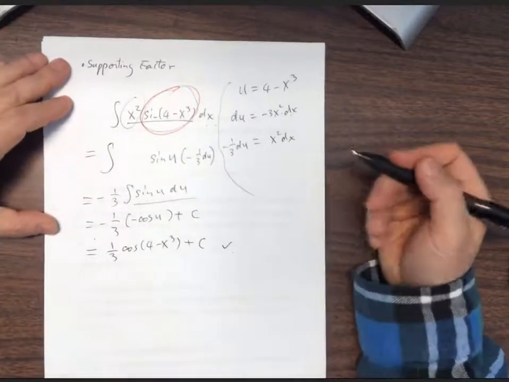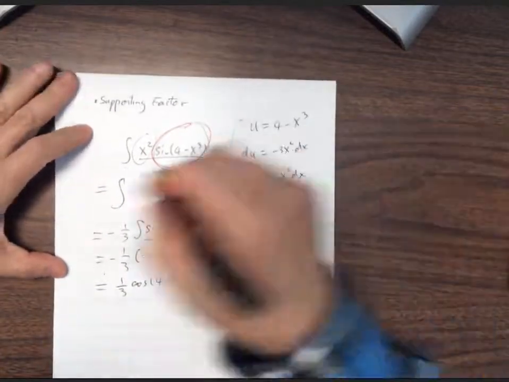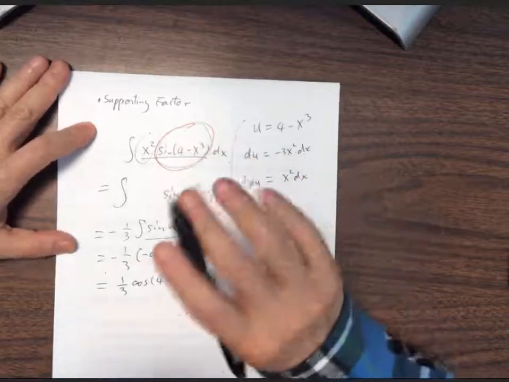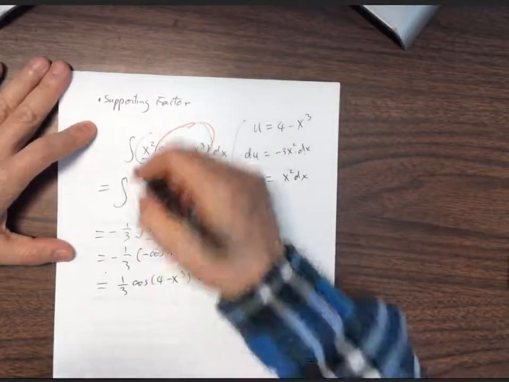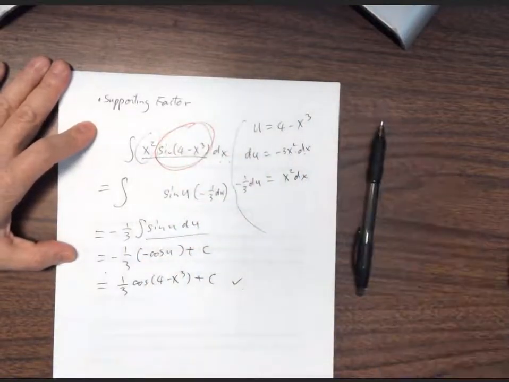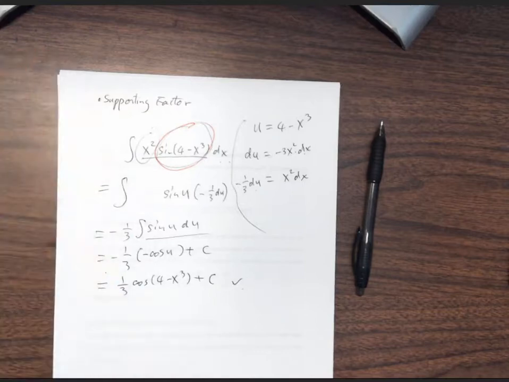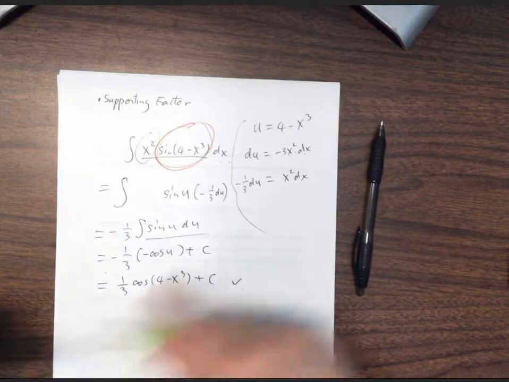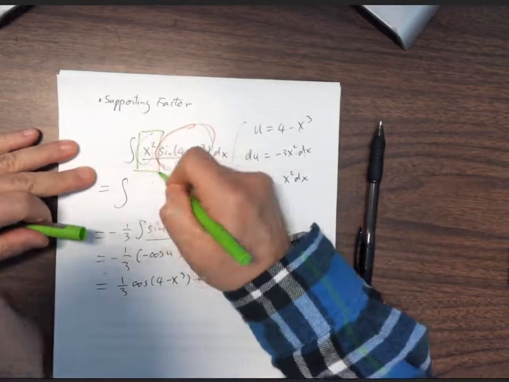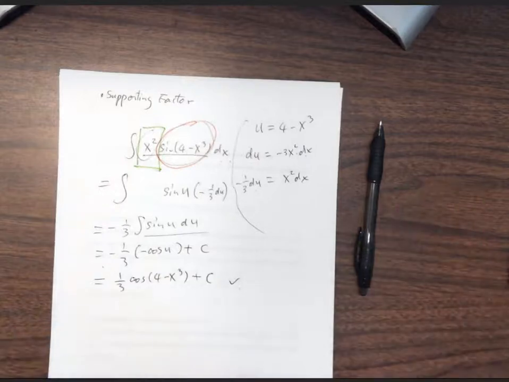But what I want to talk about really is the supporting factor. What's the supporting factor? X squared is the supporting factor. This guy is what I call the supporting factor.